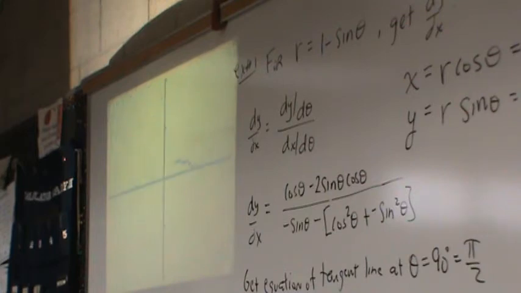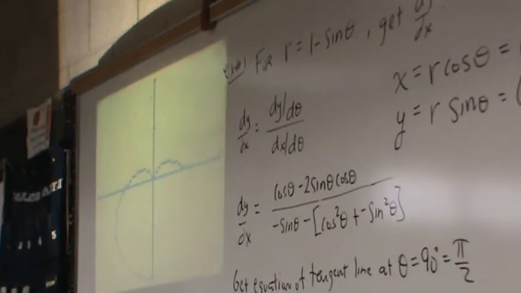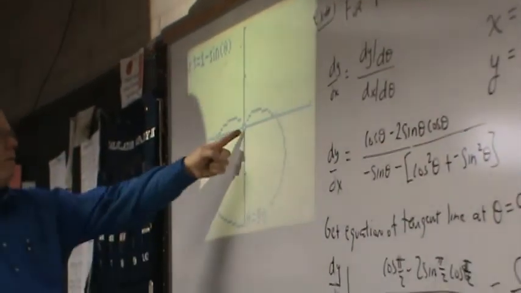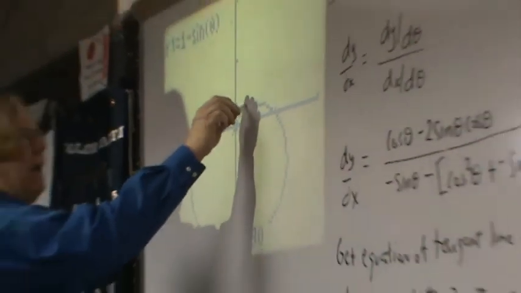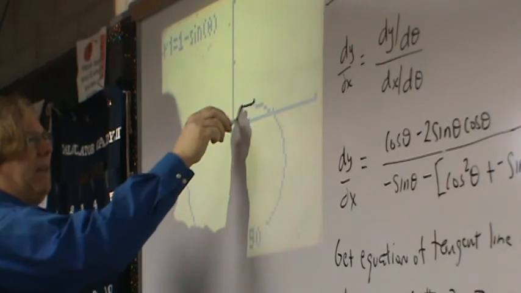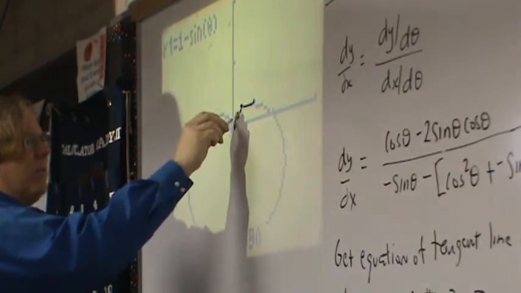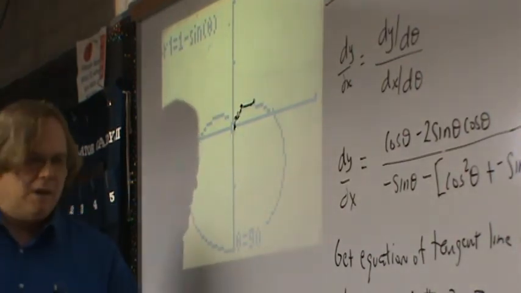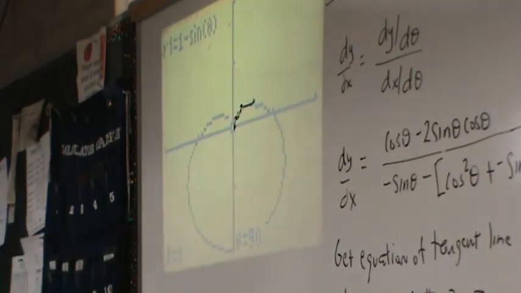And here's the graph. Okay, and trace at 90 degrees. Do you see that I'm right here at 0, 0? And so as I approach 90 degrees, the tangent line becomes more and more vertical until pretty soon I get a vertical tangent.